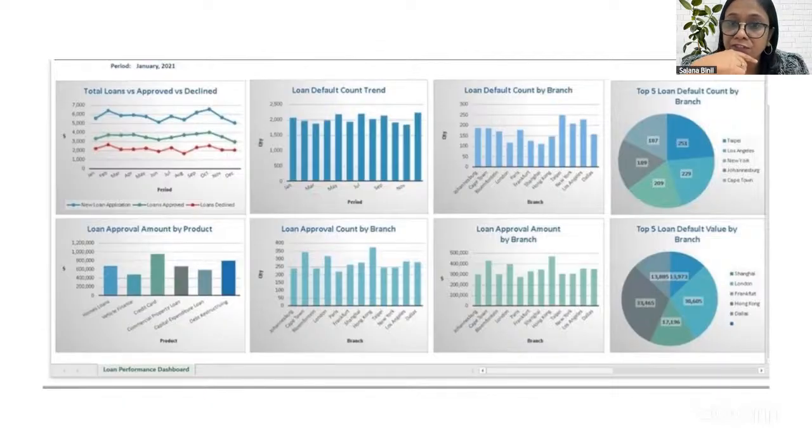So your visualization for these dashboards should make it very easy for your senior management. One look at that graph and they can make out, okay, this is something we have to work on. This is a non-performing product and we need to do something about it. Like I said, they don't need to get into the details of that particular data. A quick representation.